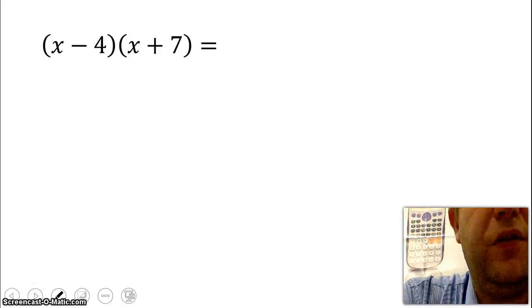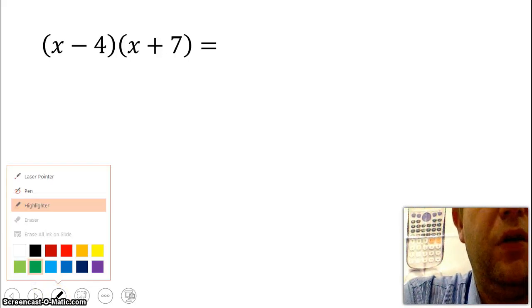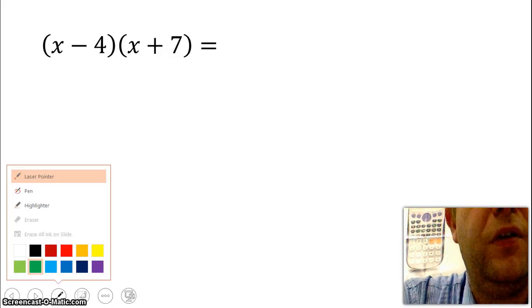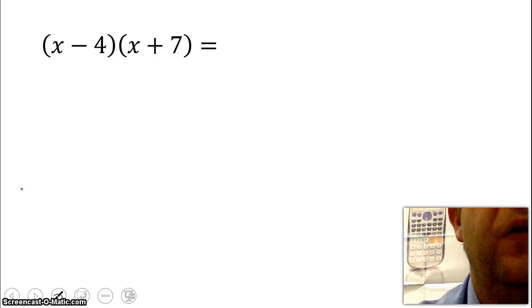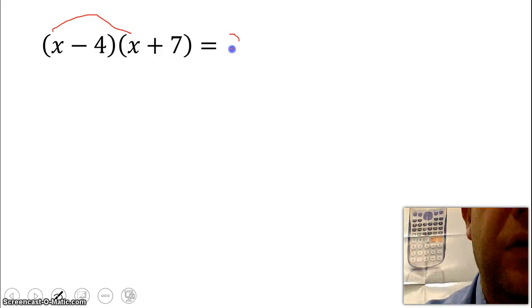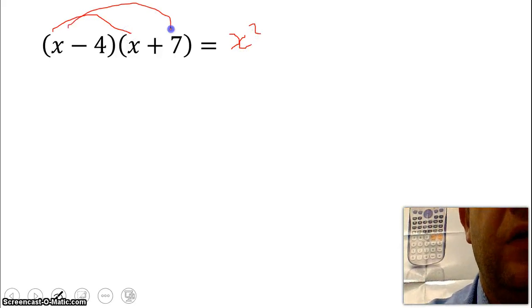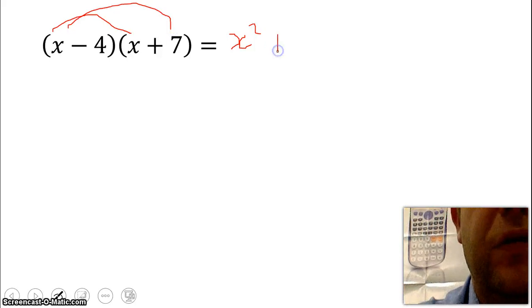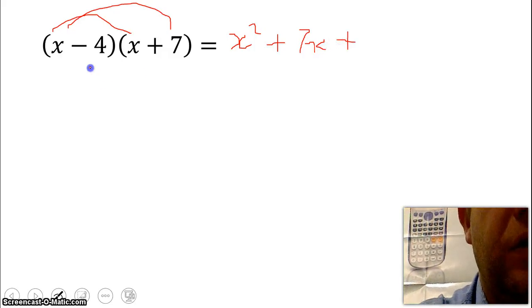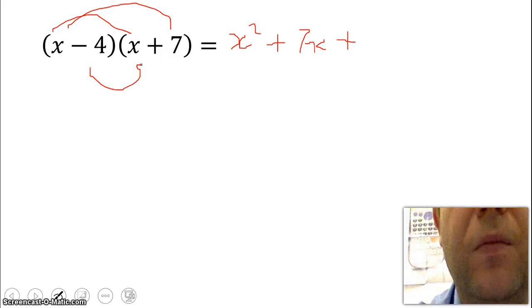This one we've got different signs, so we're going to have to take a really good look at what we're doing with our signs. We've got x times x, which is x squared. We've got x times 7, and that's a positive 7, so we're going to have positive 7x. And next one we're going to use our minus 4 times x is minus 4x.